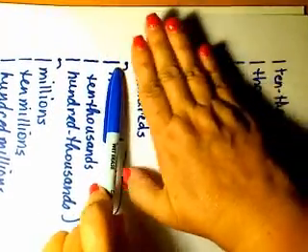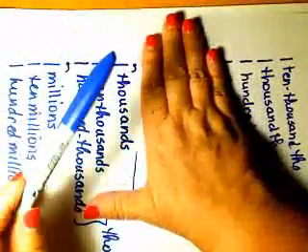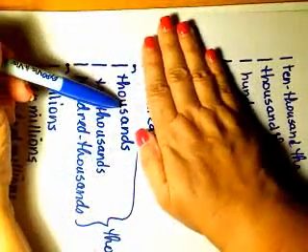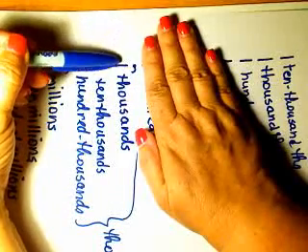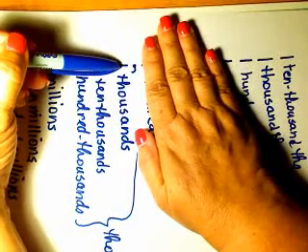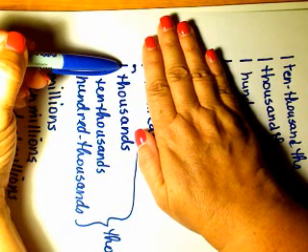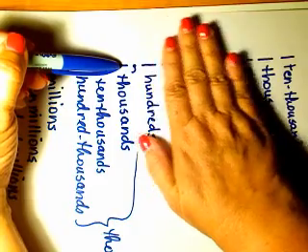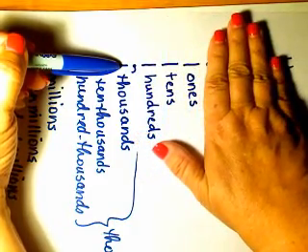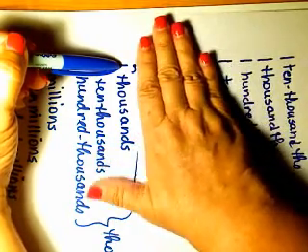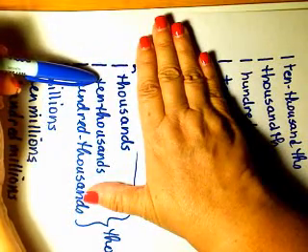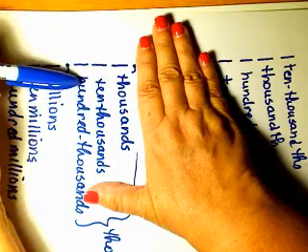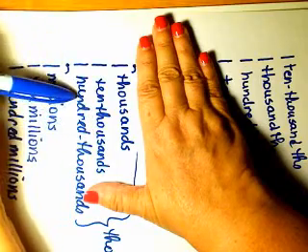So let's take a look at this. The first period is called thousands. Okay, it's identified by the first place after the comma. Then for every period after the first one, which has ones, tens, and hundreds, everything looks the same in terms of tens and then a period, hundreds and then the period.